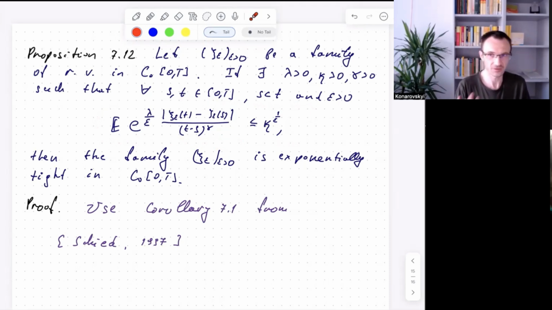In many cases, for instance if your process is a solution to some stochastic differential equation, this control can be obtained more or less easily. Therefore, this statement also has an independent interest if you work in this field.